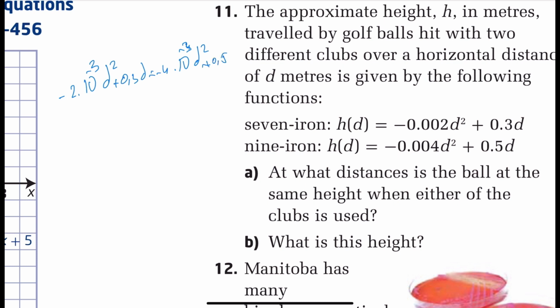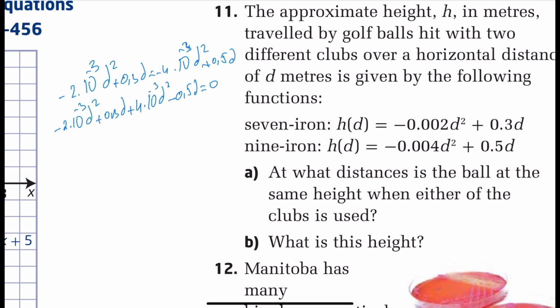So you put this one equal to this one. Then you can isolate all of them, put them all in one side, so minus 2 times 10 to the minus 3 d square plus 0.3d plus 4 times 10 to the minus 3 d square minus 0.5d is equal to 0.